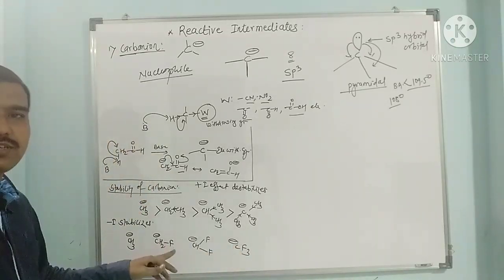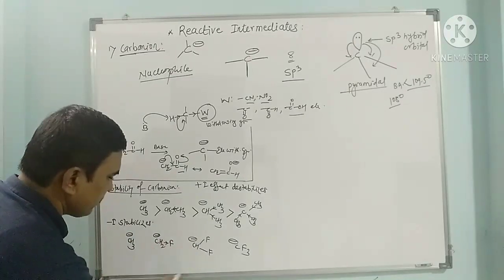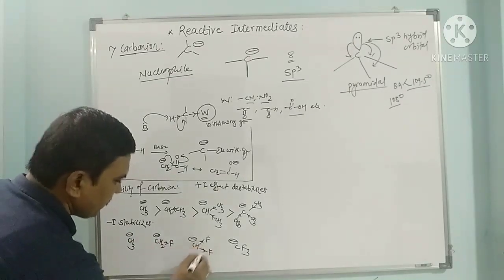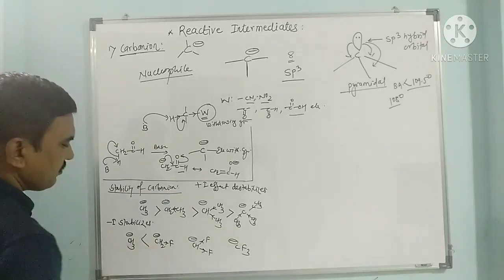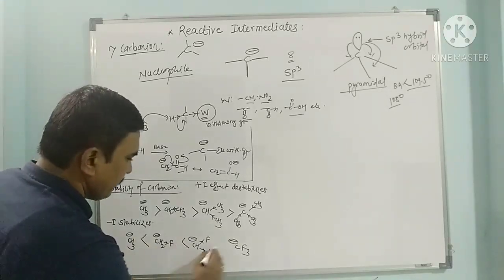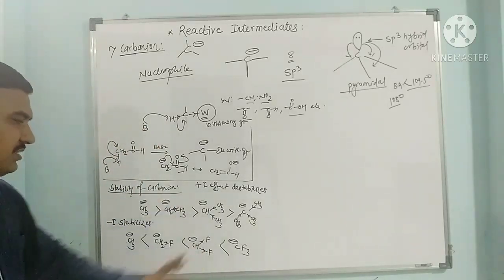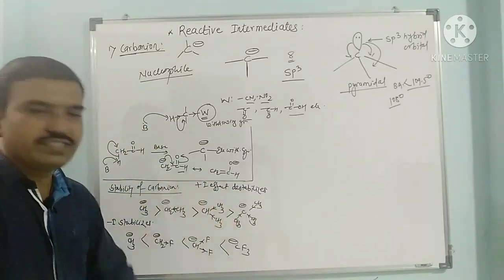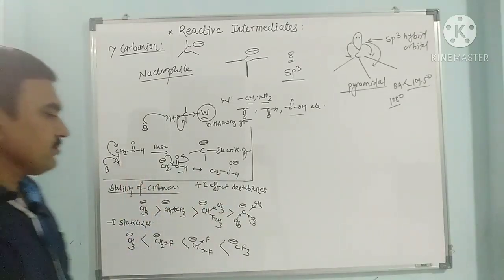When we attach more electronegative elements to this, they attract electrons. So this F attracts electrons, this F attracts electrons. So these three F attract electrons. So this is more stable than this monofluoro, difluoro, trifluorocarbanion. So minus I stabilizes, whereas plus I destabilizes carbanion. This is a very important thing.